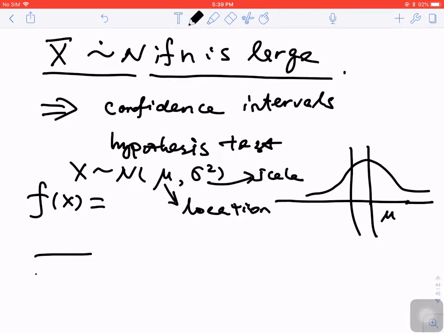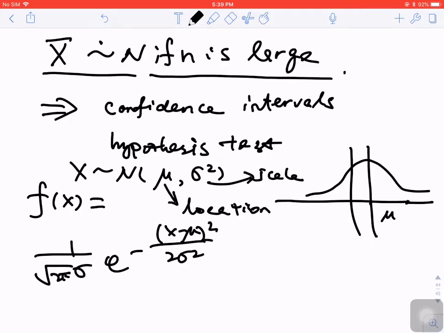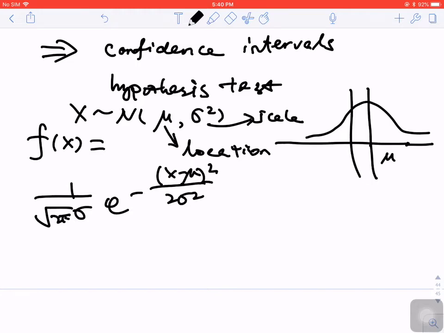And you have to know how to write the PDF of a normal distribution. It's pretty hard for us to get a closed form of the CDF using the integral, like what we did before.